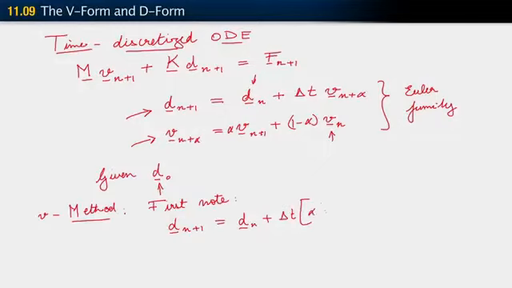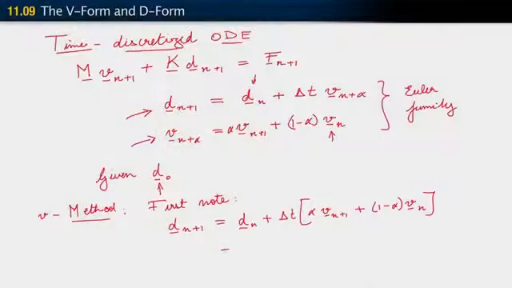So we'll write that as alpha vn plus 1 plus 1 minus alpha vn. Okay? All right? So that's the first step, combining the two equations that define the Euler family.